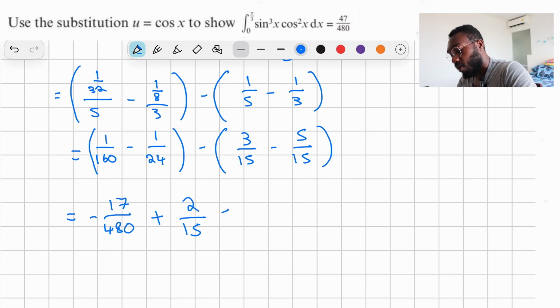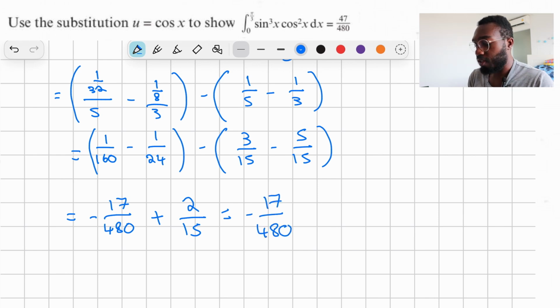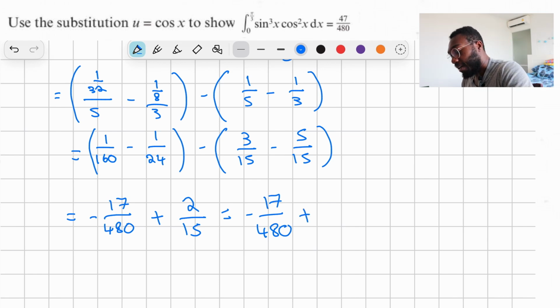And then that would be minus 17 over 480. If you put that 2 over 15 over 480, you have to times it by 32, so you get 64 over 480. And then when you look at that, we get 47 over 480.